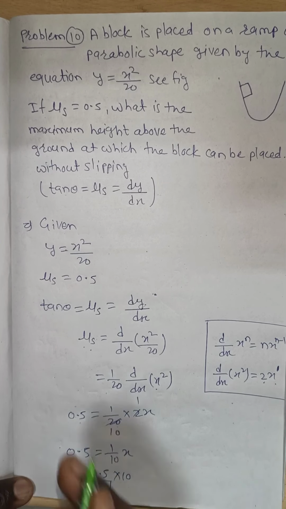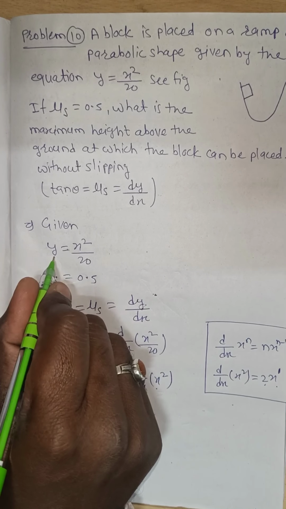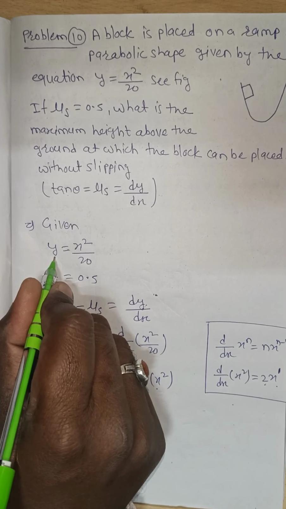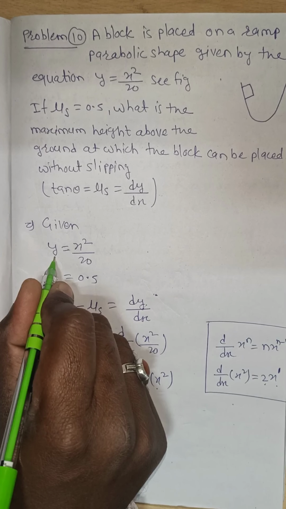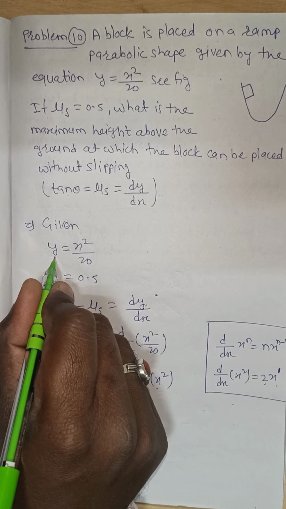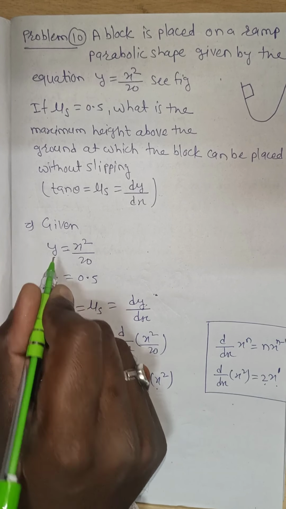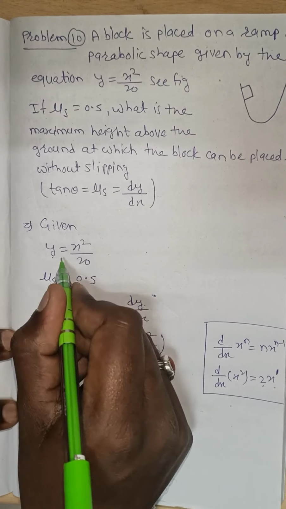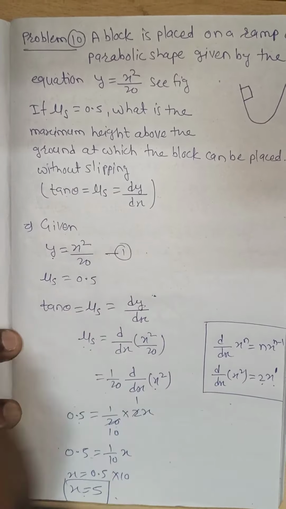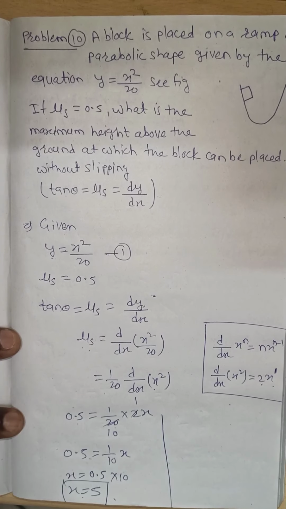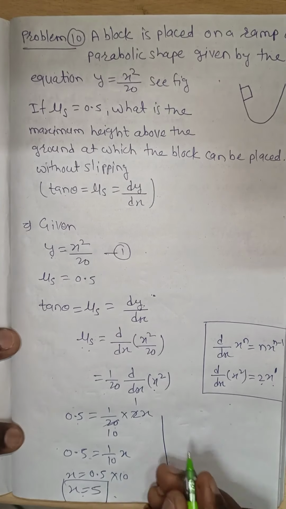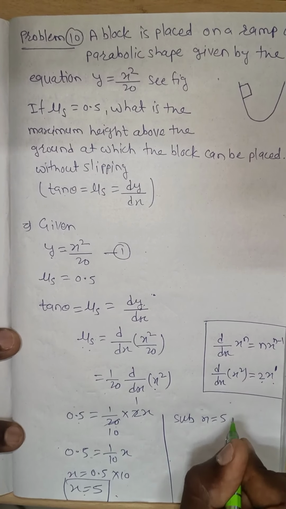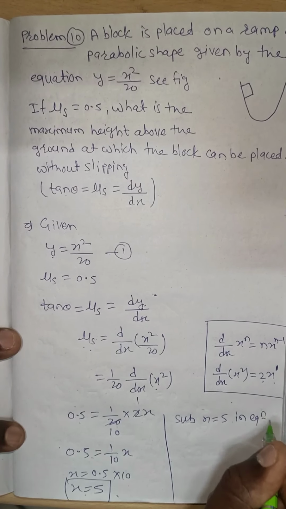Substitute this x is equal to 5 in this equation. From that we can easily find the y value, the height of that block without slipping. Substitute the x value in this equation, which we call equation 1. Now substitute x is equal to 5 in equation 1.